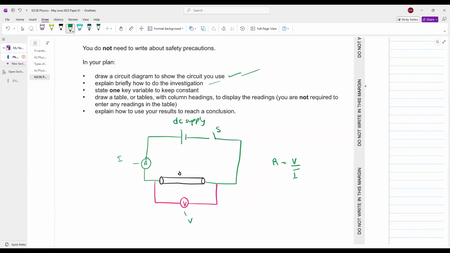स्टेट वन वेरिएबल टू कीप कांस्टेंट. कौन कौन से वेरिएबल कांस्टेंट रखोगे? टेम्परेचर. What else will you keep constant? Length will also be kept constant. Material of the wire should also be kept constant. ये सारी चीजें constant रहनी चाहिए. So let's see. लिख देते हैं ये.